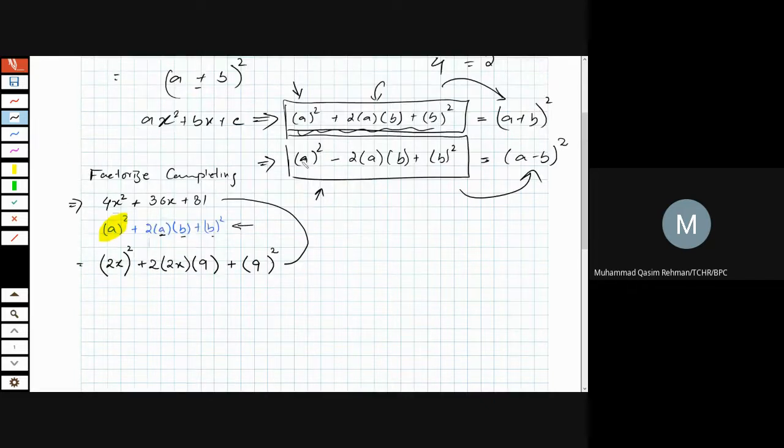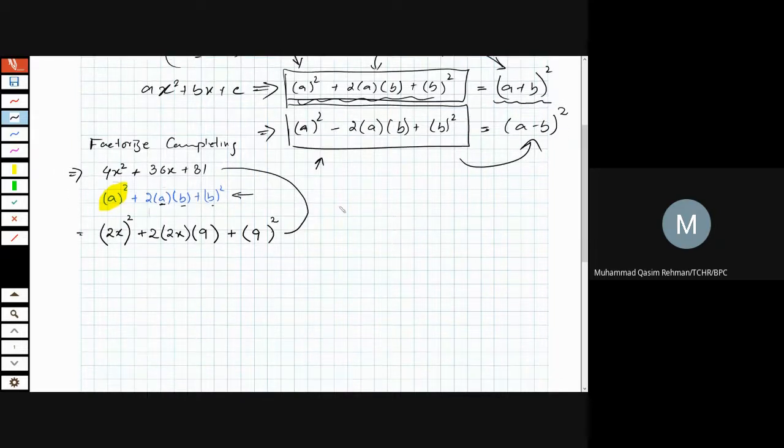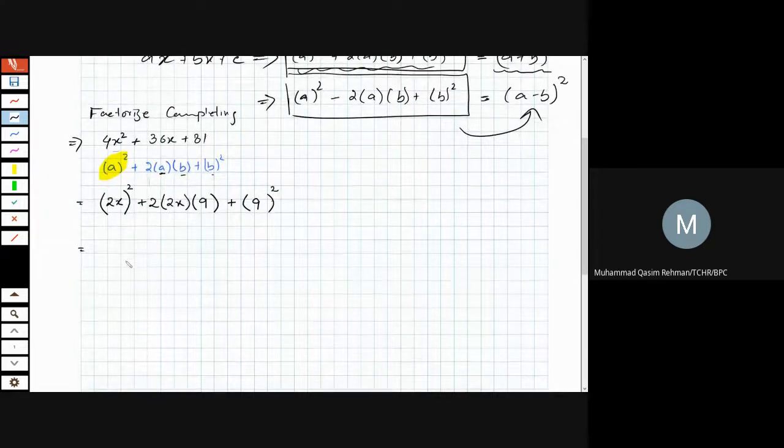Now I know a square plus 2ab plus b square is always equal to the factors a plus b whole square. Now what is a in this case? 2x. Plus what is b in this case? 9. There you go. Factorization done.